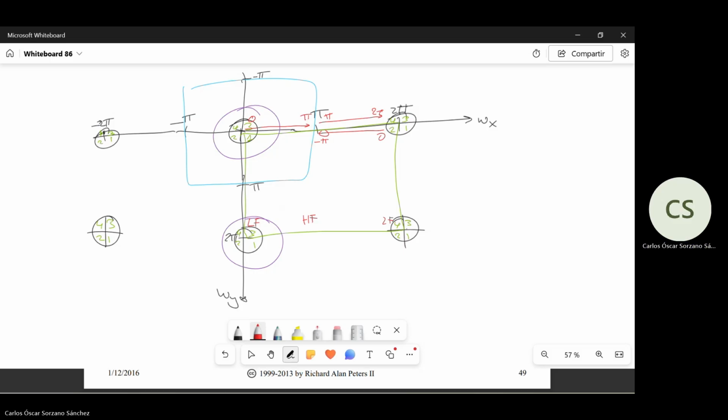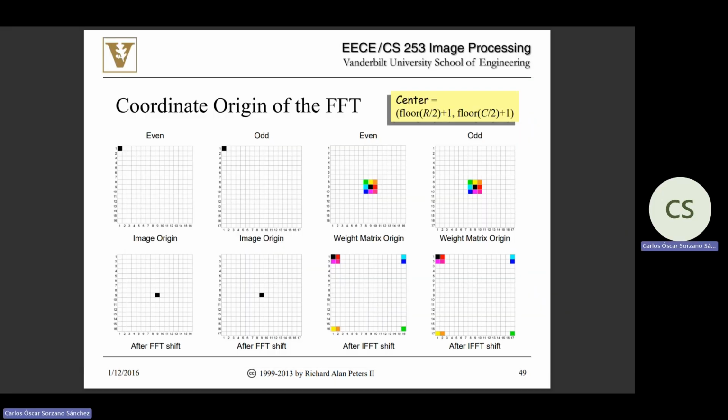Easy? Yeah. So when you look at the spectrum in this way, you start at low frequency, then high, and then low again. And here it is the same: low, high, and low again. If you put it this way, low frequency is here, high frequency is in the extremes.